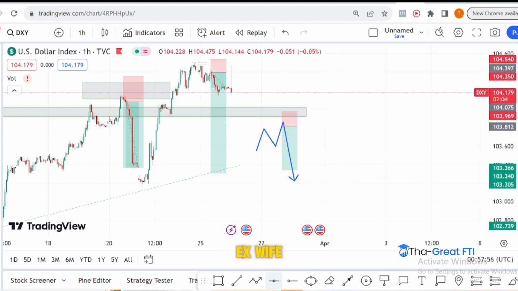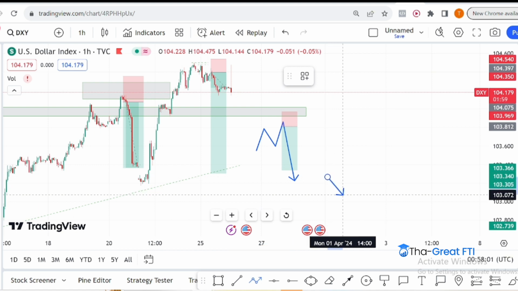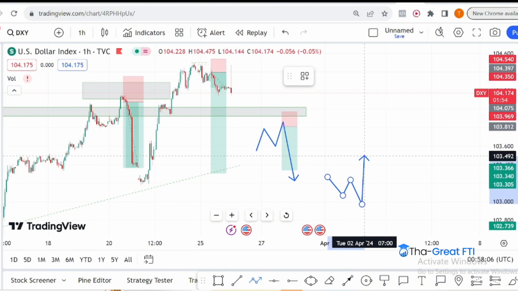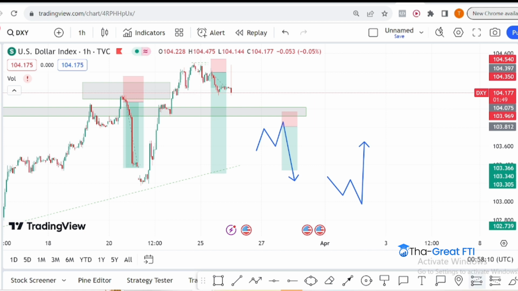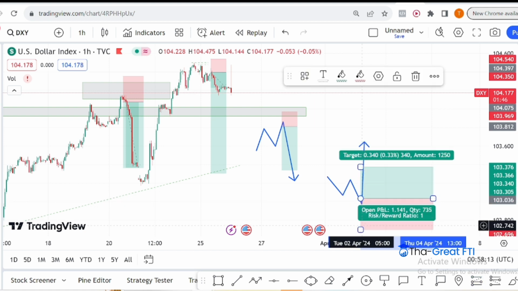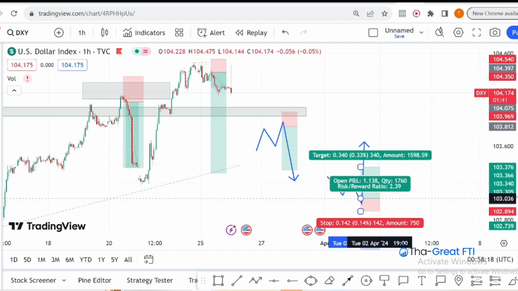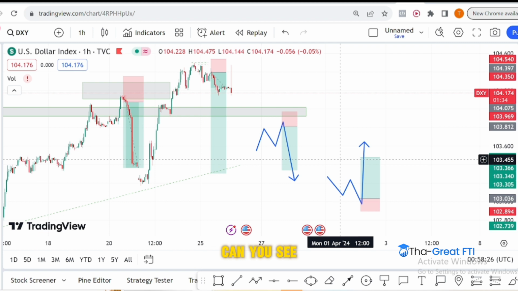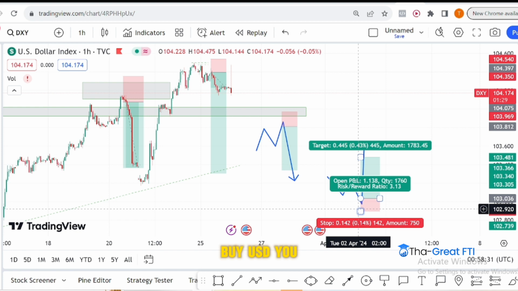This is DXY. This is exactly what EURUSD would be doing. Can you see? So if DXY is selling, automatically you have to buy EURUSD.